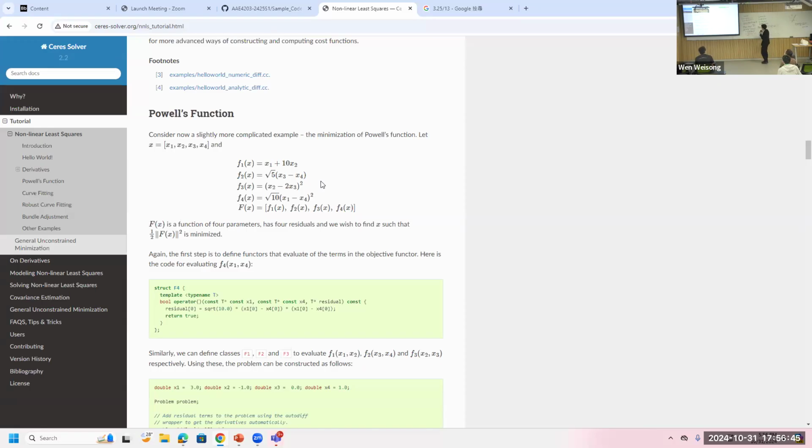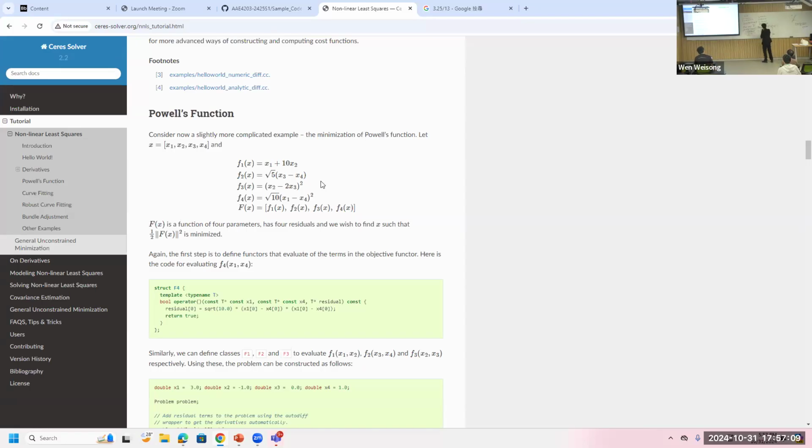Generally, what we need to do is to calculate the Jacobian. The number of rows is determined by how many equations you have, so let's say 4. The number of columns is determined by how many variables you need to calculate, so also 4.